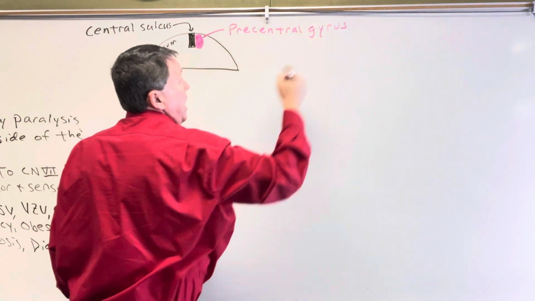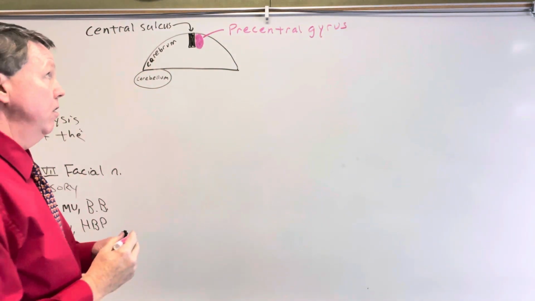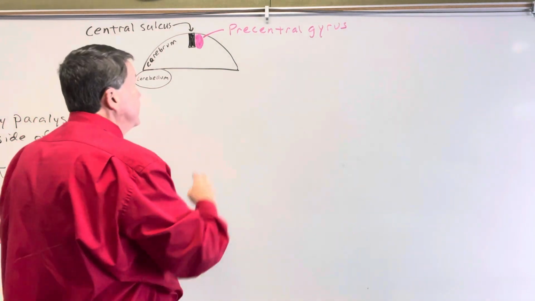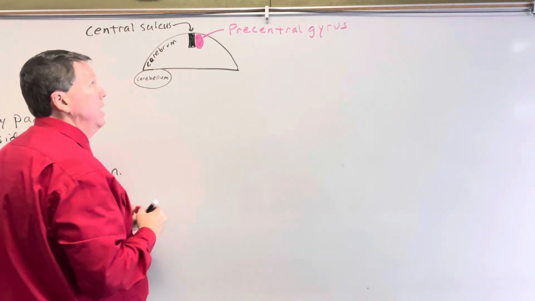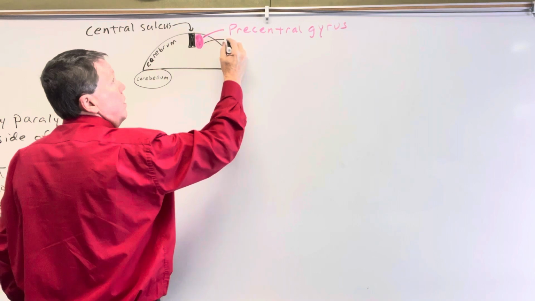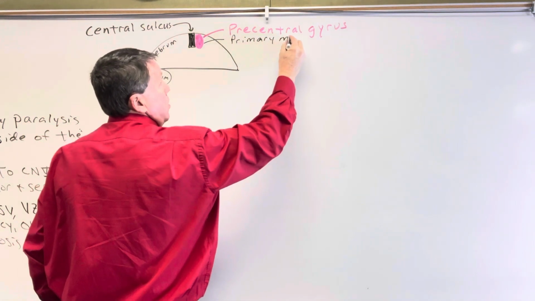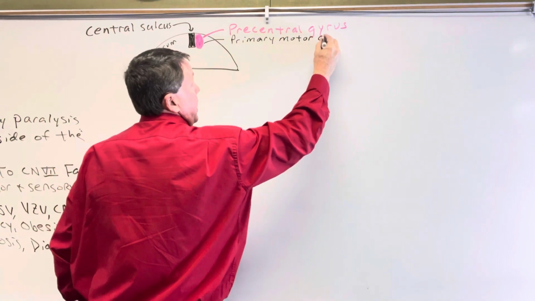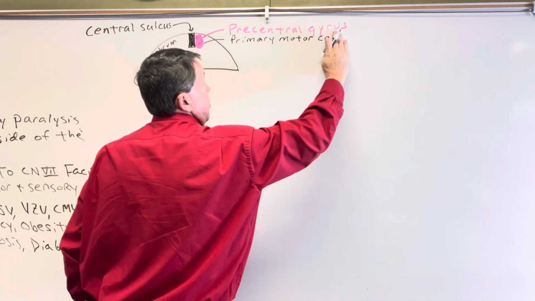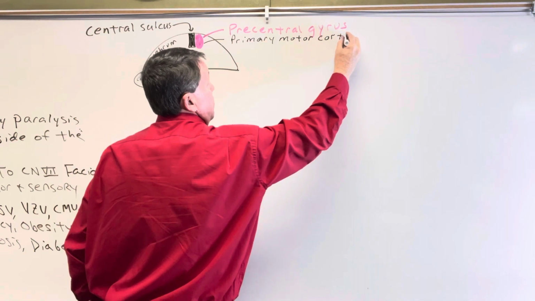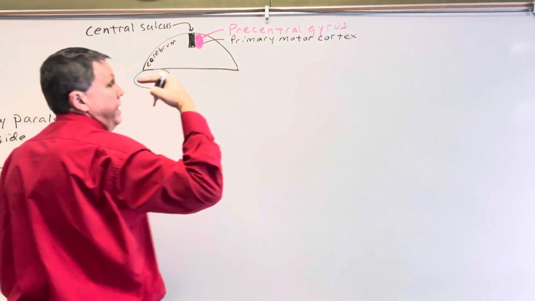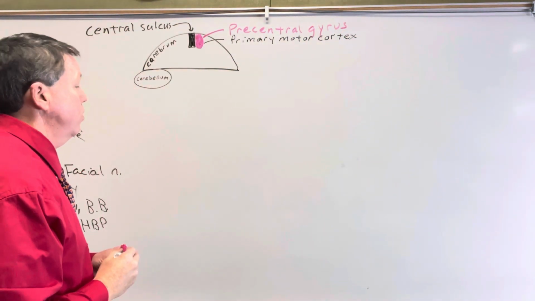Gyri is plural, gyrus is singular. Inside of this precentral gyrus, we're going to have what we call the primary motor cortex. Remember, motor means it's going to move muscle. The cortex is going to be the outer part, right? So this is the primary motor cortex.